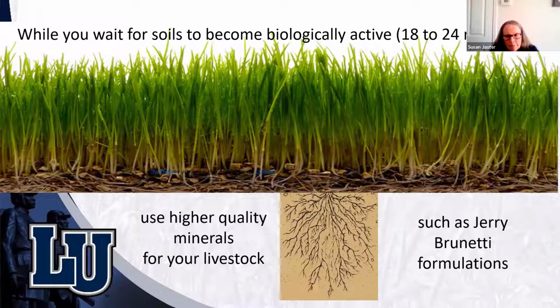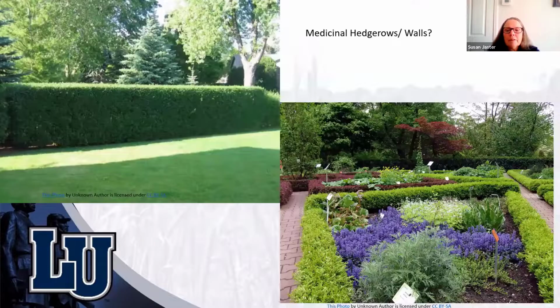Well, it doesn't take that long if we are doing these regenerative practices. So for our livestock, we want them to have a superior mineral, preferably like a Jerry Brunetti mix, in order to help them get through that transition while we're helping our soils to become biologically active.